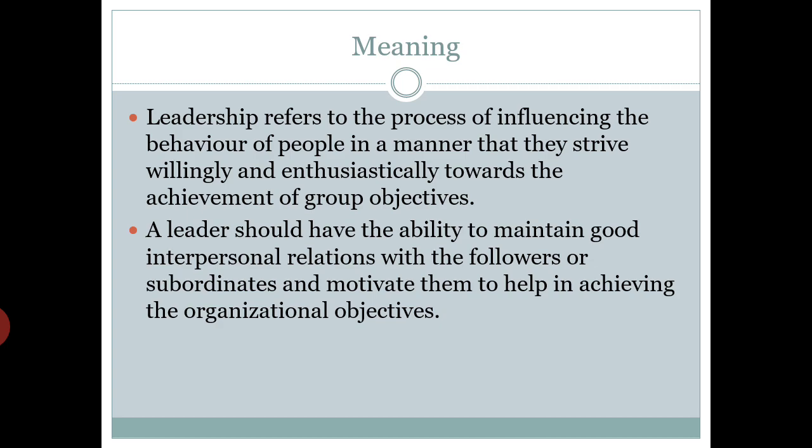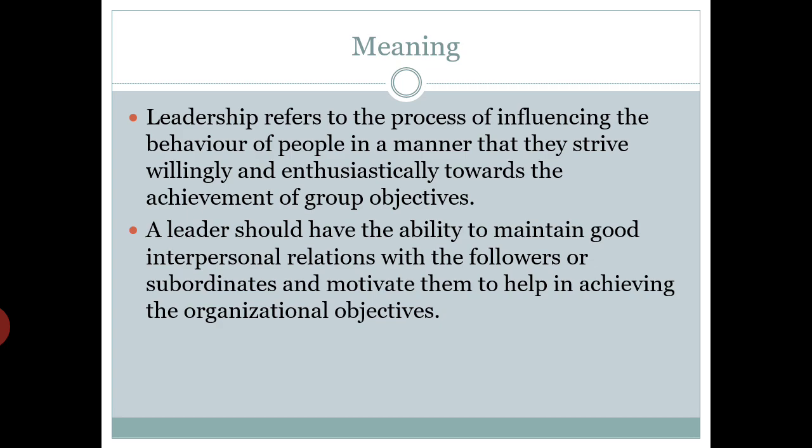Leadership refers to a process through which you influence the behavior of other people in a manner that they willingly work and give their 100% devotion towards the accomplishment of the task. A leader should have the ability to maintain good interpersonal relations with the followers or subordinates and motivate them to help in achieving the organizational objectives.